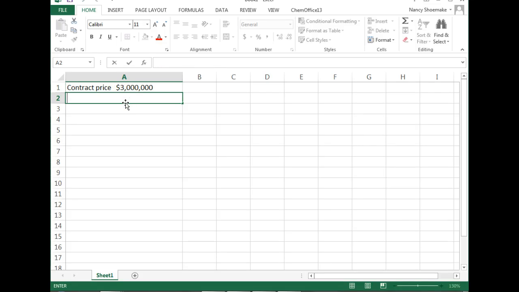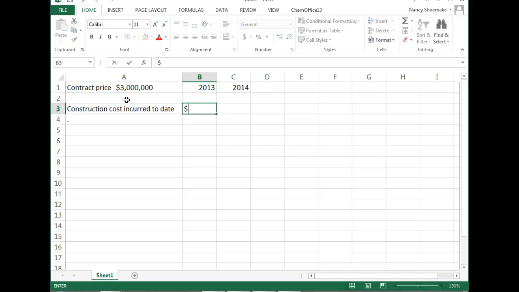So here we're going to have 2013 and 2014. The construction cost incurred to date here is 600,000.